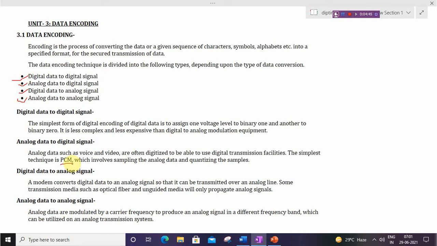Means to use the analog transmission system, we must convert the analog data to analog signals. So we will discuss all the procedures, how to encode the digital data to digital signal, analog data to digital signal, and digital data to analog signal. We will discuss one by one. Okay.